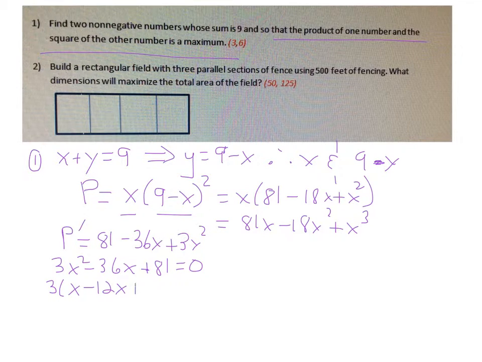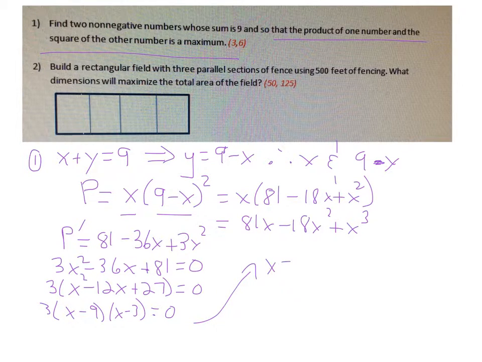What I'm doing here is common factoring for you. Your factors are going to be x minus 9 and x minus 3. So the two values of x that satisfy this equation are x equals 3 and x equals 9.